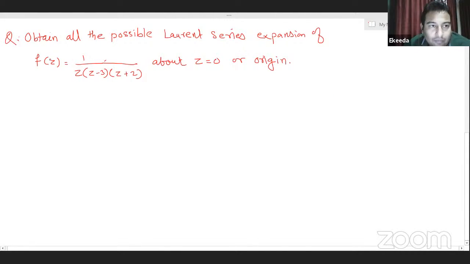So this is the problem that we're going to solve here. We need to find all the possible Laurent series expansions of this particular function.